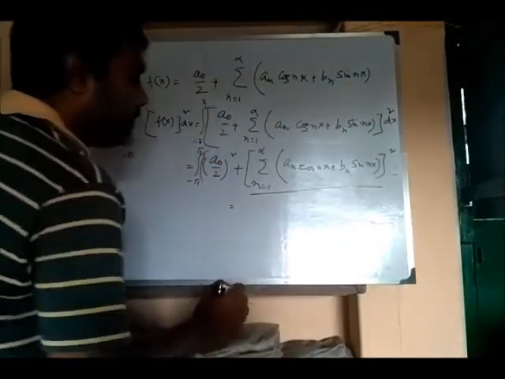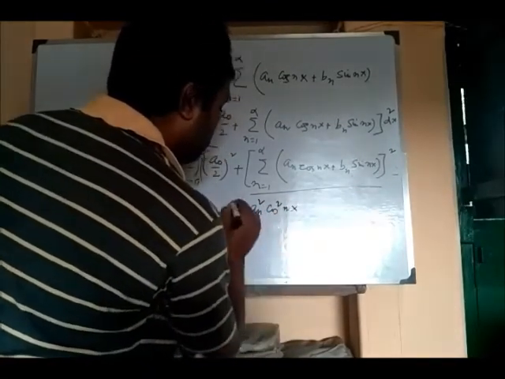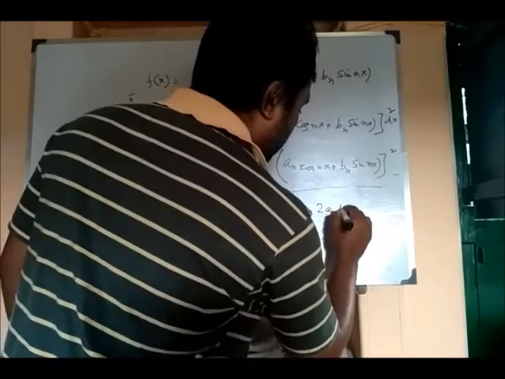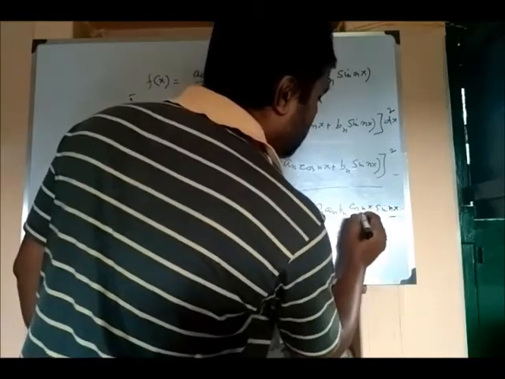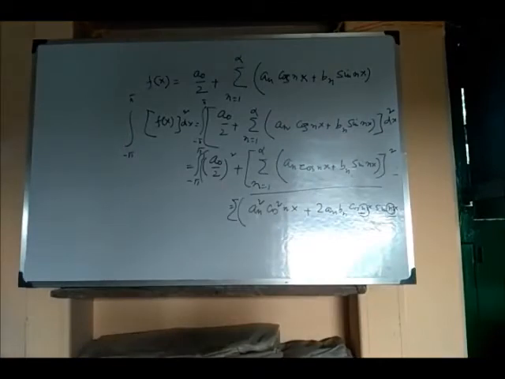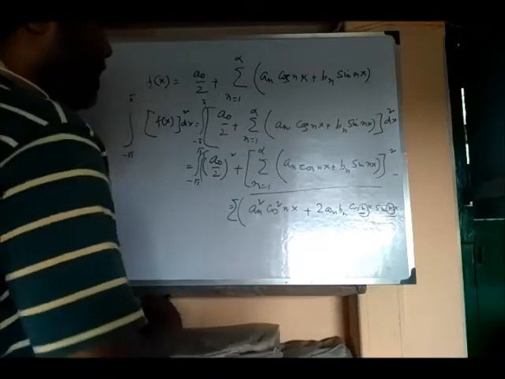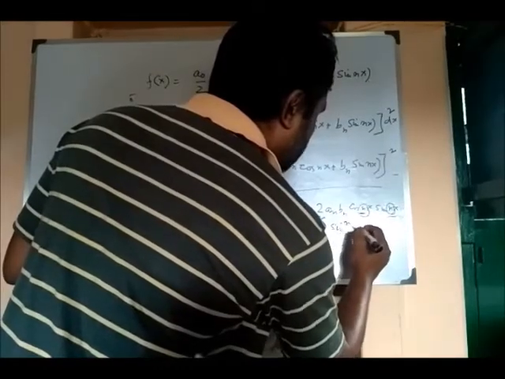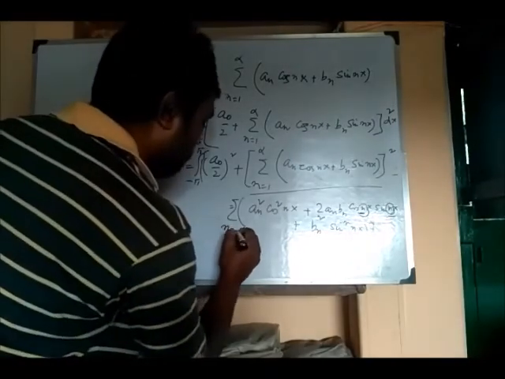So for this you will get an square cos square nx, obviously the sum remains here, plus 2 an bn cos nx sine nx, but this n and n are different because these two functions may be same, may not be same. Okay, and you get bn square sine square nx. Right? The sum runs from n equal to 1 to infinity.